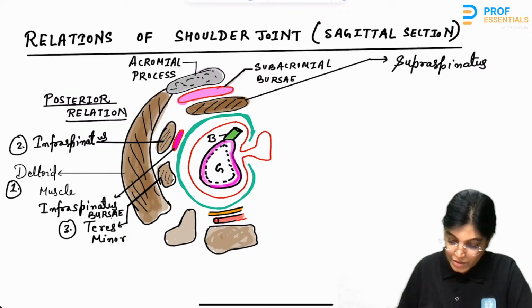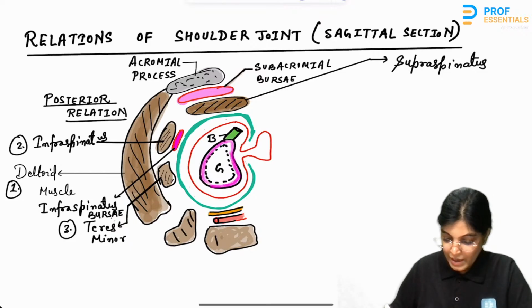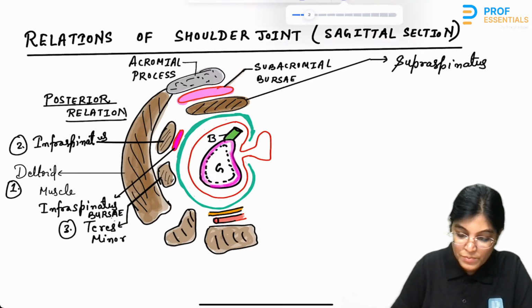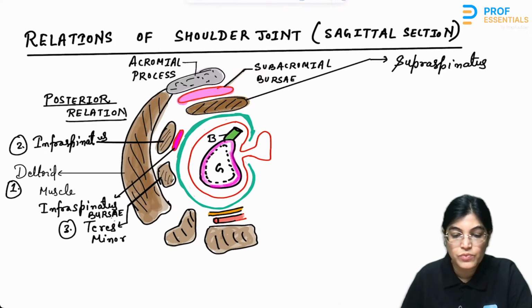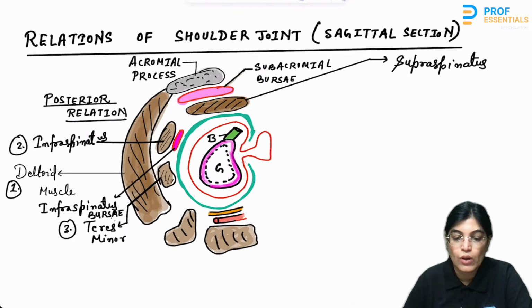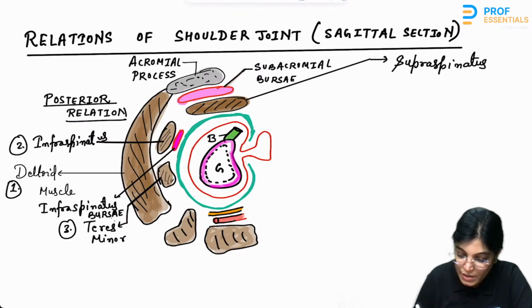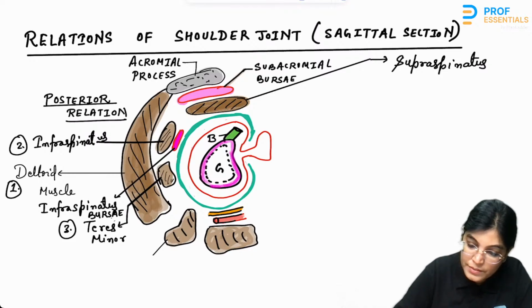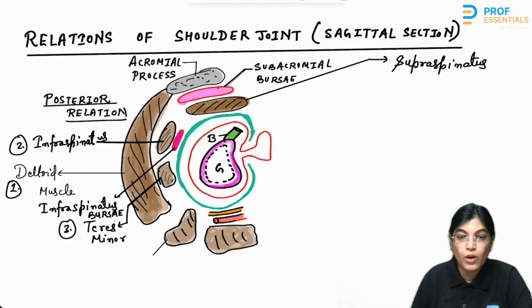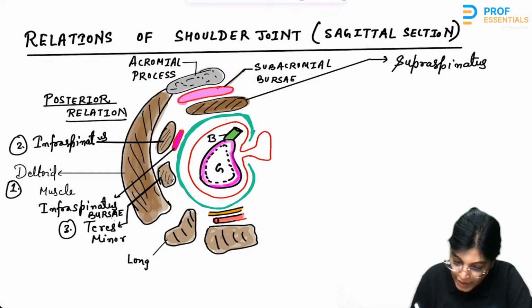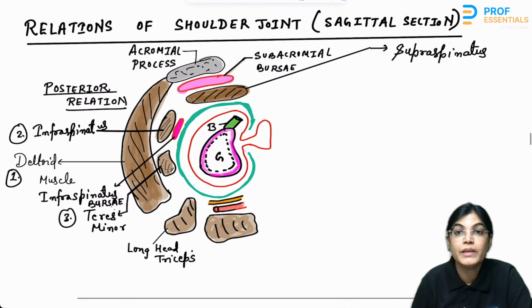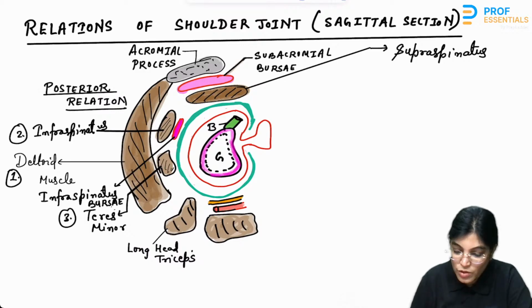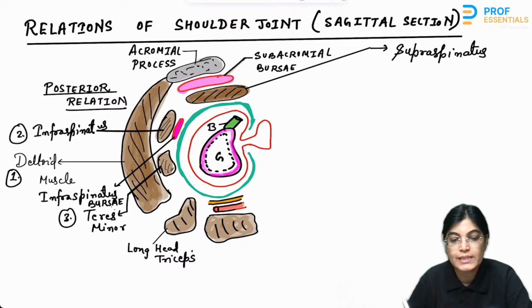So the structures related on the inferior aspect, just highlighted, are the muscles which I will make, the axillary nerve, and the posterior circumflex humeral vessels. We have the triceps muscle, long head. Please label it. This is the long head of triceps. We have the posterior circumflex humeral vessels and axillary nerve.